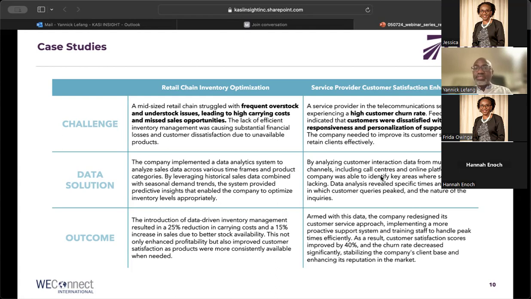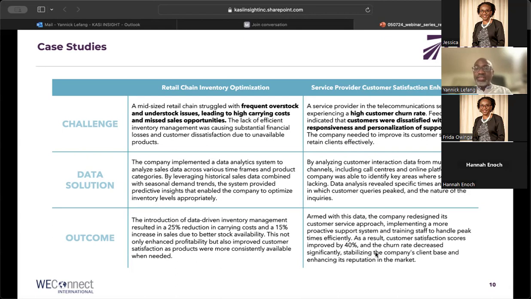In this case, this is analyzing customer interaction data across multiple channels, including call centers and online. The company is now able to identify areas where service is lacking, right? That would arm the company to, for example, redesign its customer service approach, have a more proactive support, and train staff to handle issues efficiently.